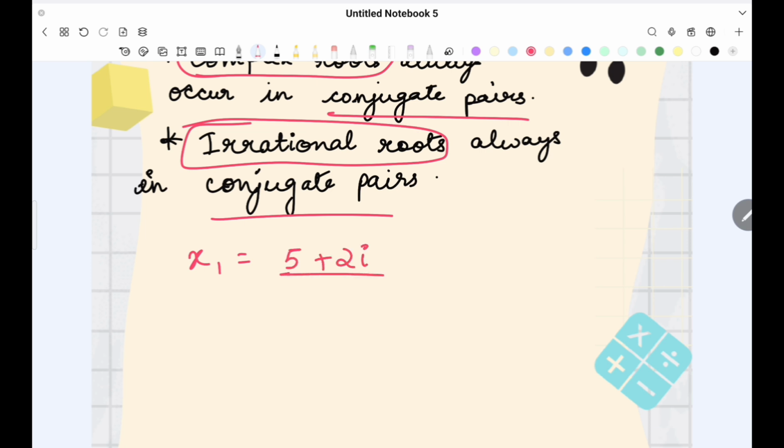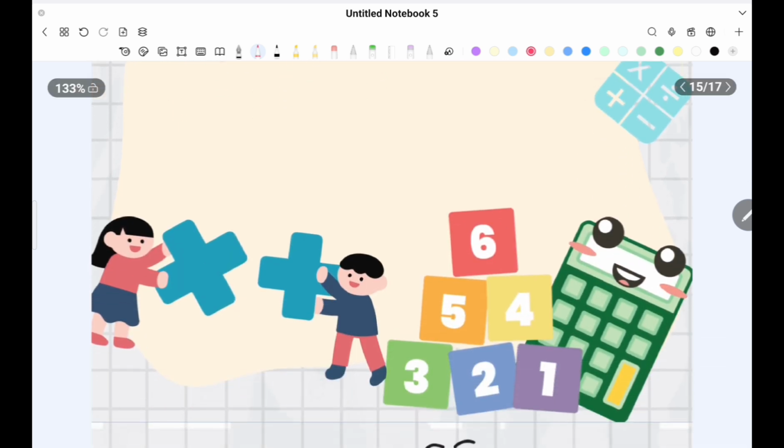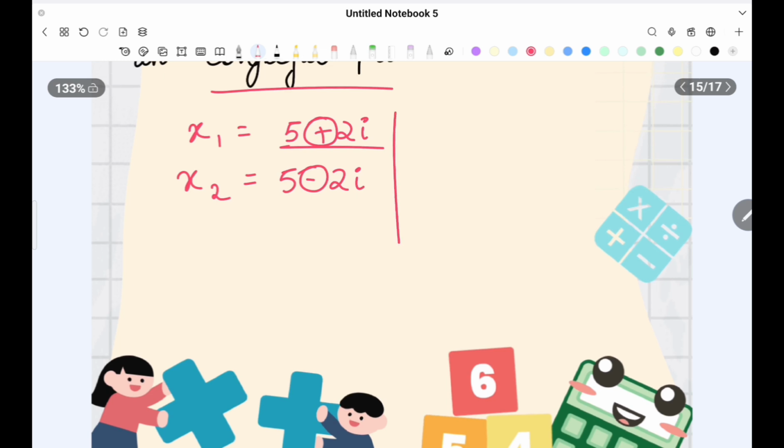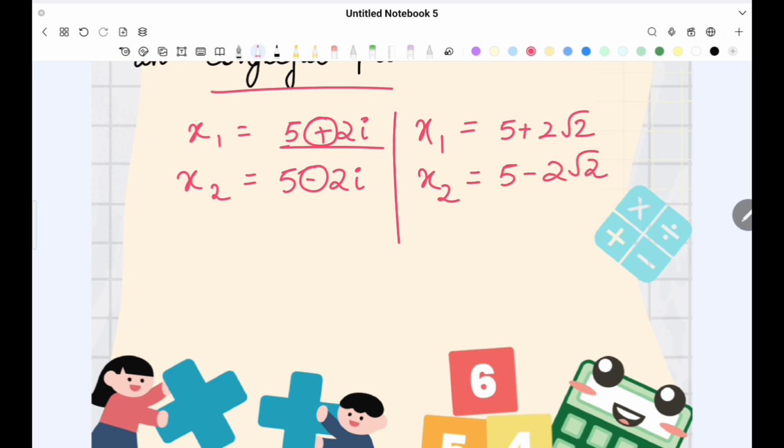So x2 की value हमेशा आएगी 5 minus 2i. एक बार plus, एक बार minus. You must have learned conjugate pairs in the complex number topic. Another example: x1 is 5 plus 2 root 2. Without hesitation, write 5 minus 2 root 2 as the other solution.